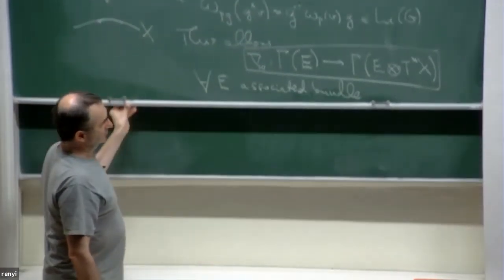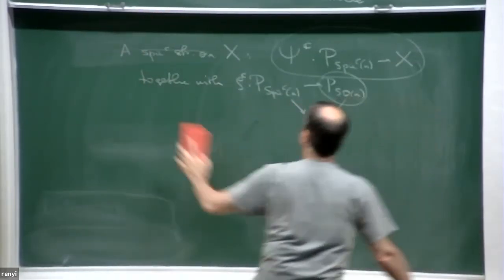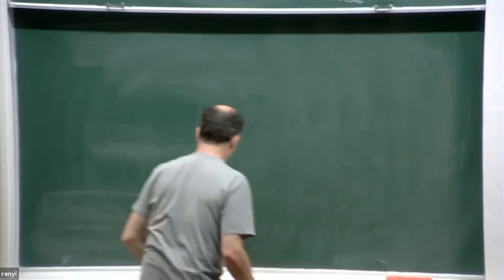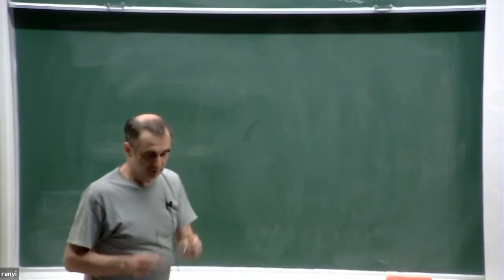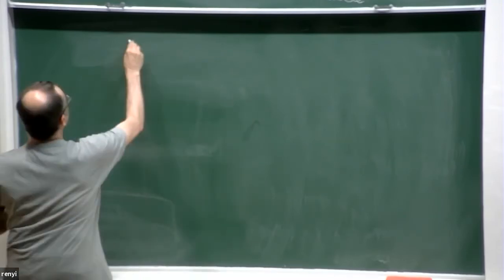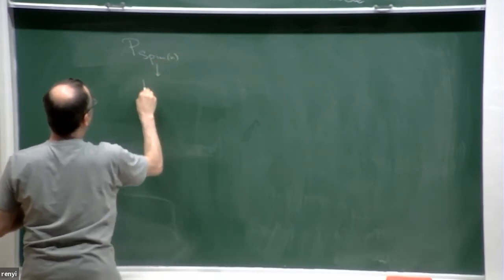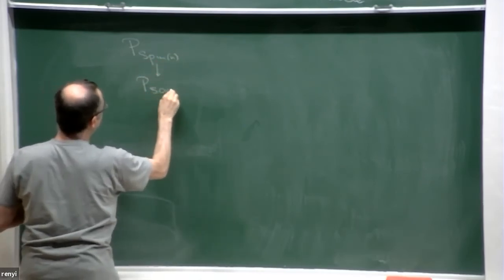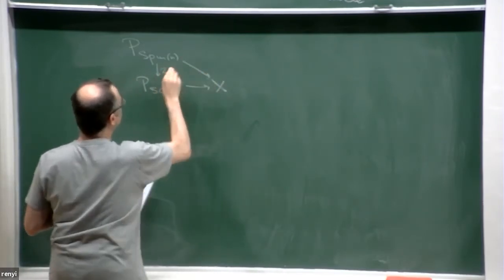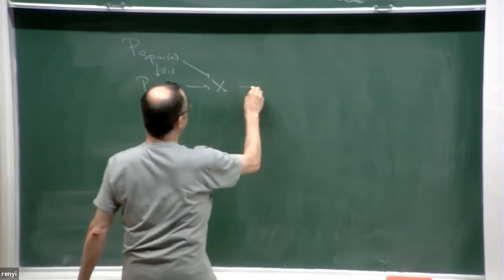Okay, so what happens if we have a spin structure? Remember that a spin structure is just a double cover, 2 to 1. So X is a Riemannian manifold.